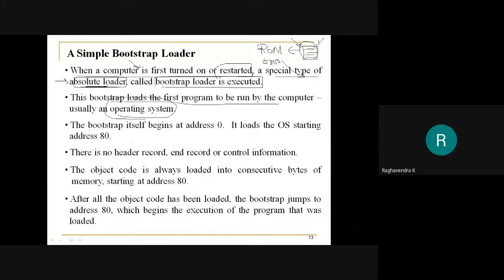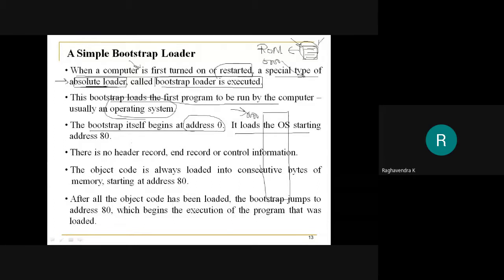Normally, this bootstrap loader would load itself at address 0. Initially the main memory is going to be completely empty, so I can load the program anywhere I want. So I will load at address 0000. I will generate an absolute program, a bootstrap loader, that will load itself at 0000.